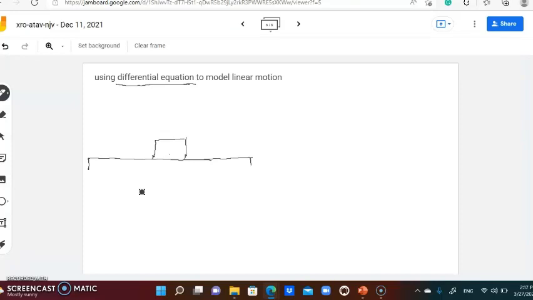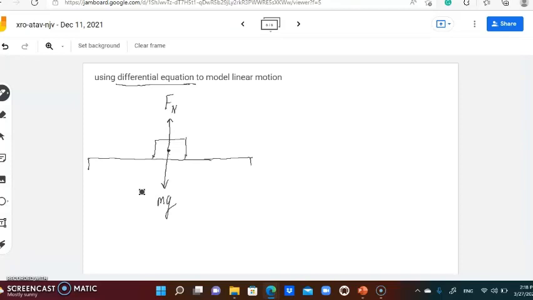So here I have an object, and my object is on a surface. There's going to be a weight acting down from the center of gravity of my object due to gravity. I'm going to call that mg. And based on what you would have done before, we know that there's going to be an opposing force pushing back.